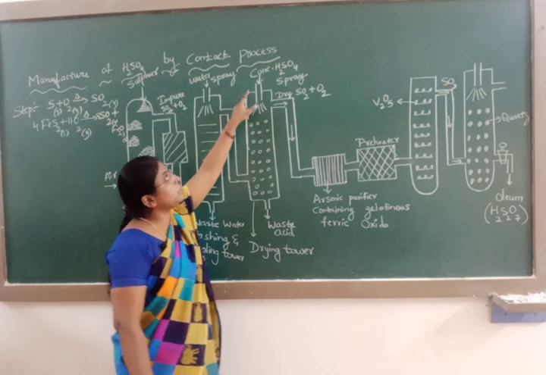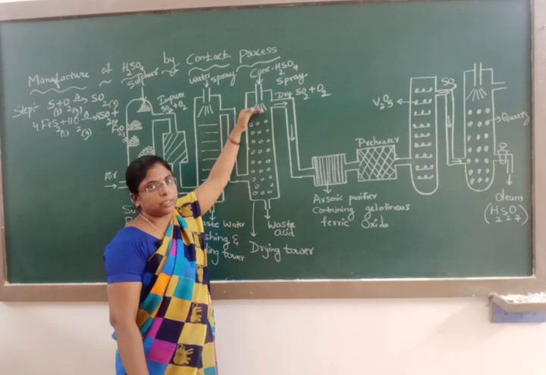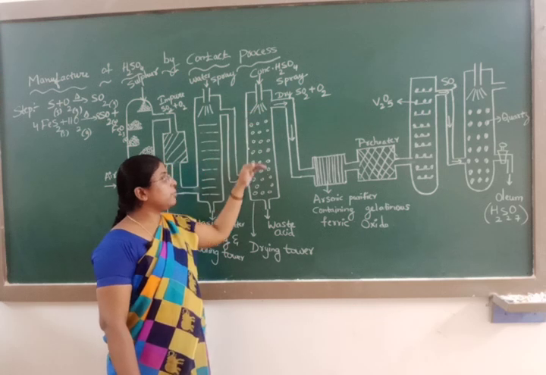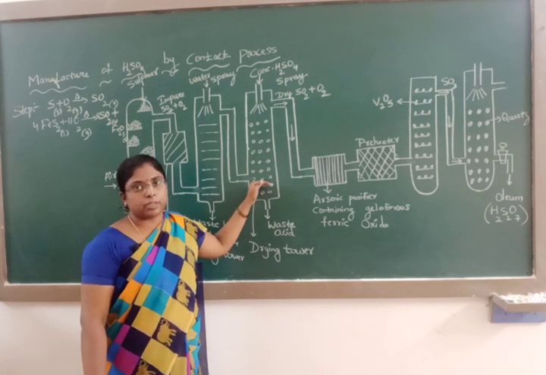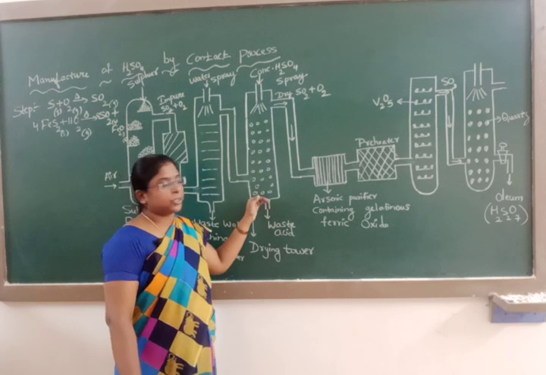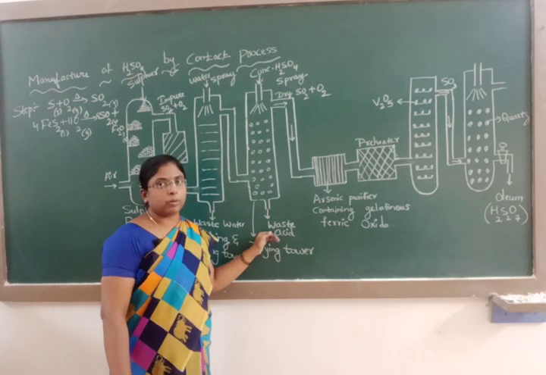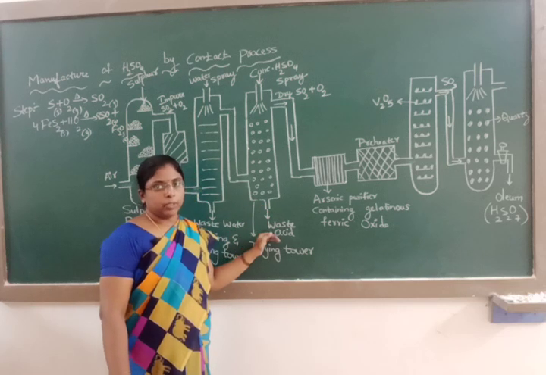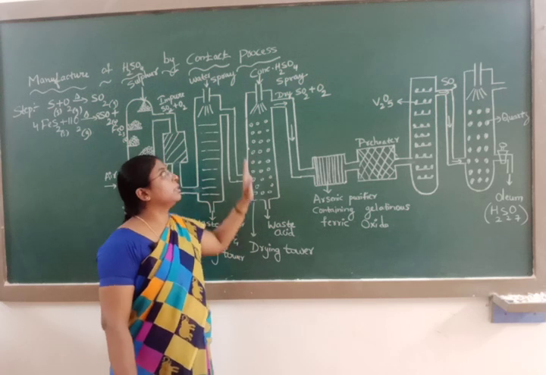The concentrated sulfuric acid is sprayed from the top of the tower. It absorbs the moisture present, and the waste acid is removed at the bottom of the drying tower. In this way, the moisture is removed.